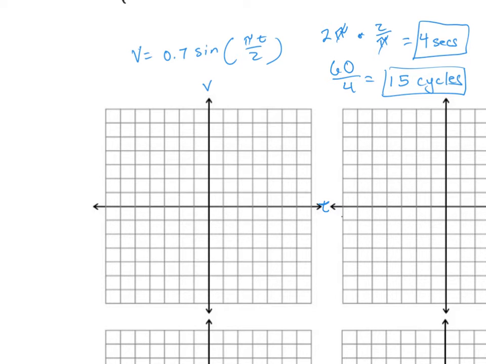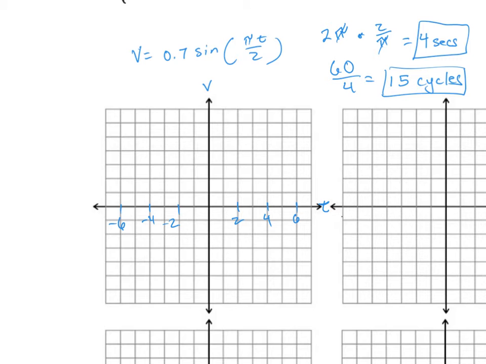We are in periods of 2, right? We want 4 seconds. So one whole period is 4 seconds. So if I graph this, I mark 2, 4, 6, -2, -4, -6, and this is a sine. 0.7 means that is an amplitude of 0.7.